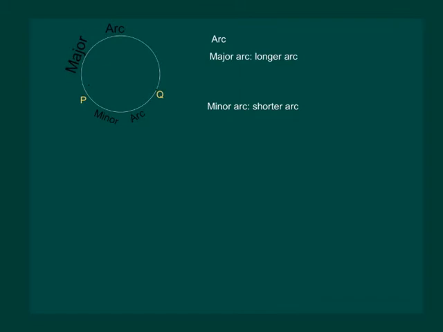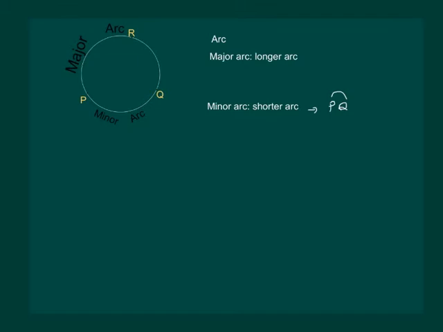The minor arc can simply be denoted by PQ and a curve over it. But to denote the major arc, we will have to take some point R between the arc.